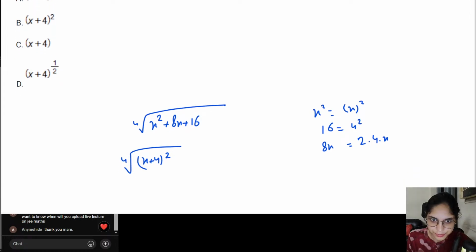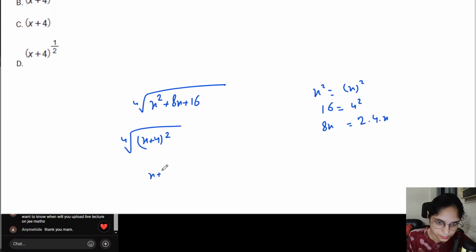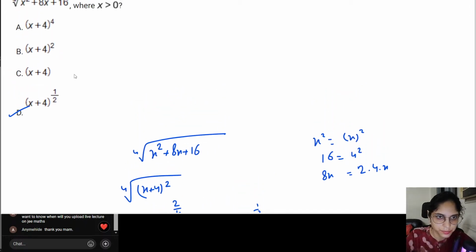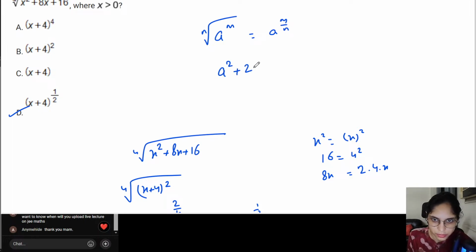And like I told you, fourth root is 2/4. So this is x plus 4 to the power 1/2. Also, you can use decimals, but there are only two identities which we are using. This one and this one.